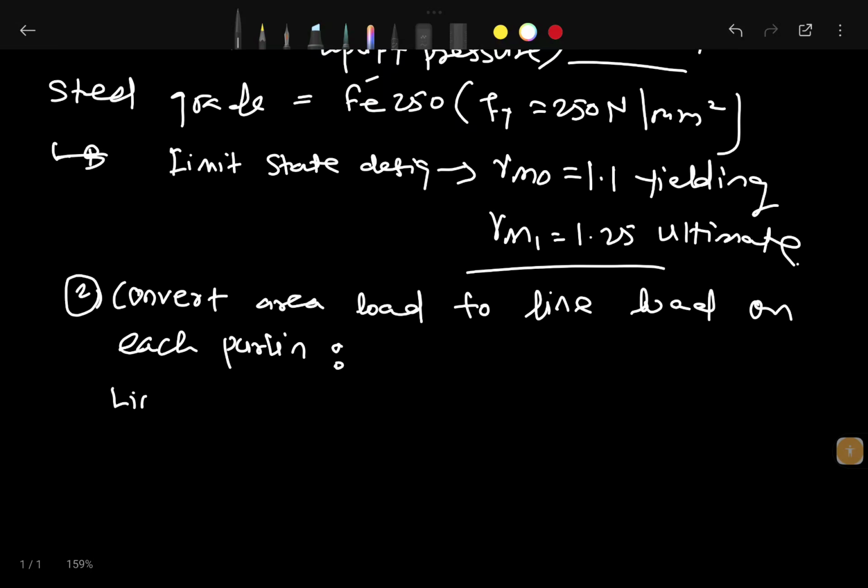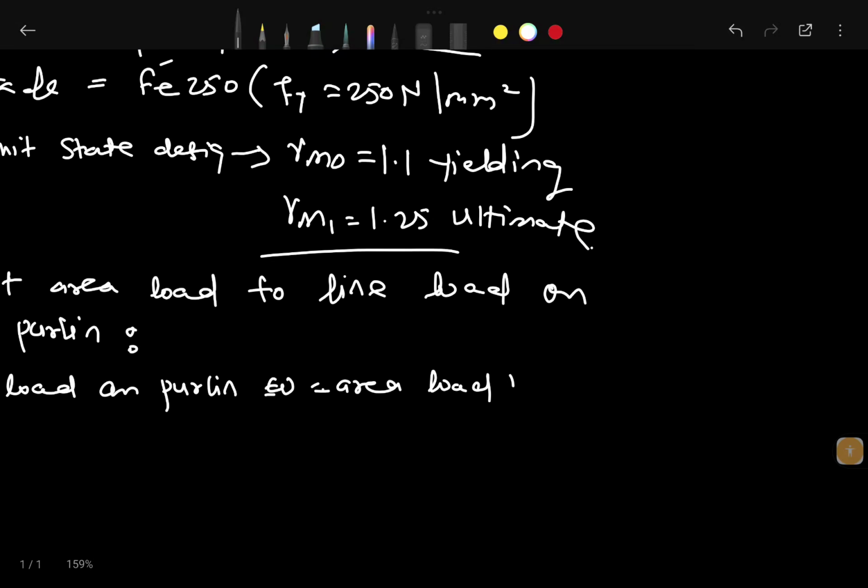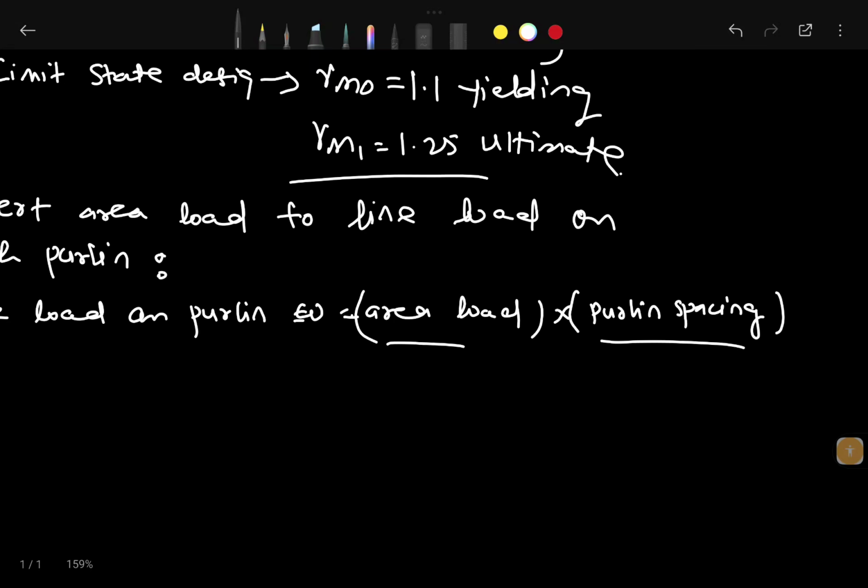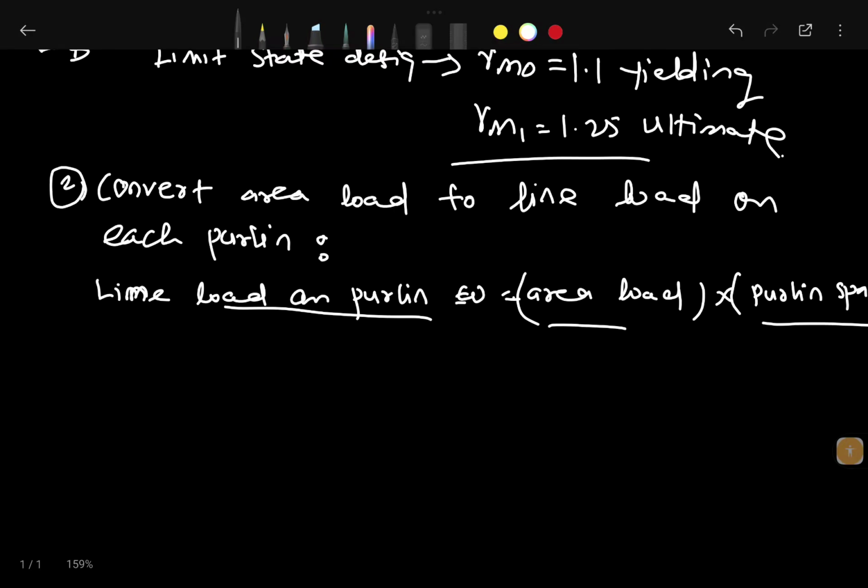The line load on purlin is W is equal to area load into purlin spacing. If we multiply the area load by the purlin spacing, then we get the line load on the purlin.